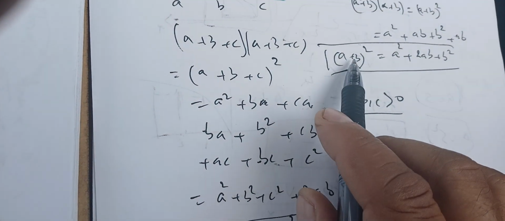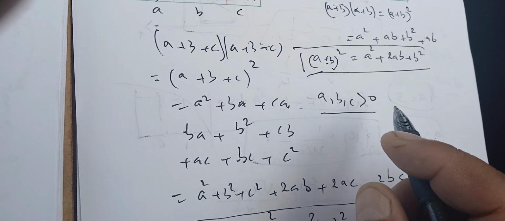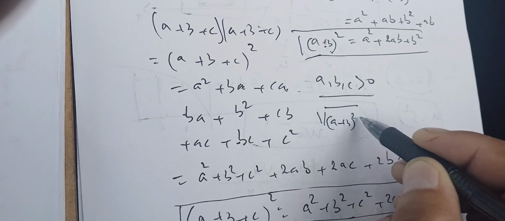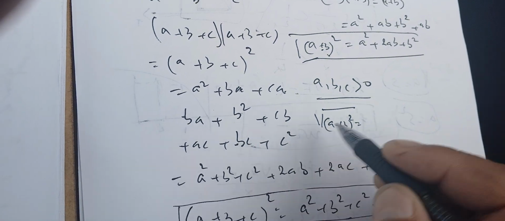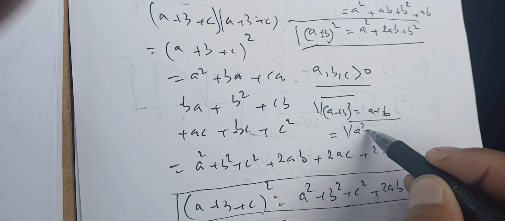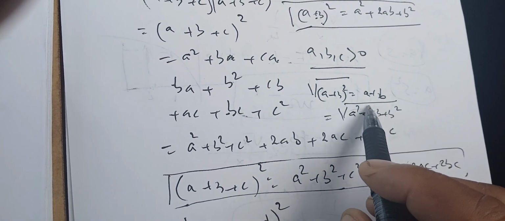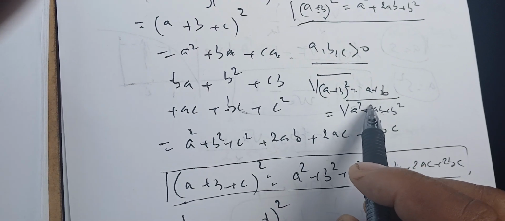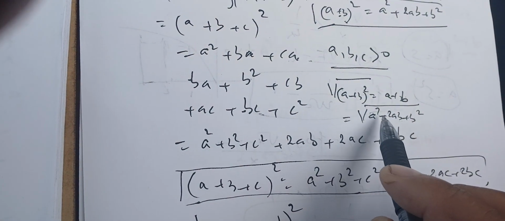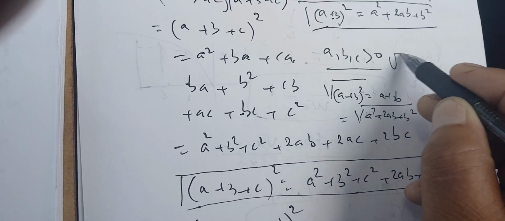If we compute the square root of (a plus b) squared, which is a plus b because it's positive, it's the square root of a squared plus 2ab plus b squared. So if we have a number whose square root we want to compute, and we can rewrite it in this formula, we can find its value. This gives us an algorithm to find the square root of any number.